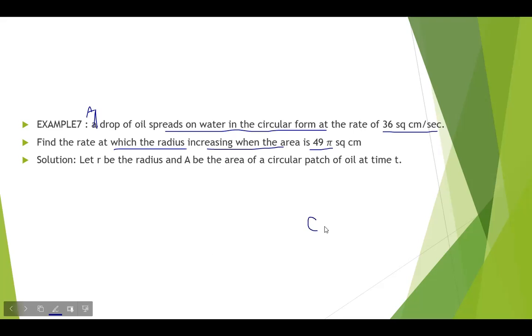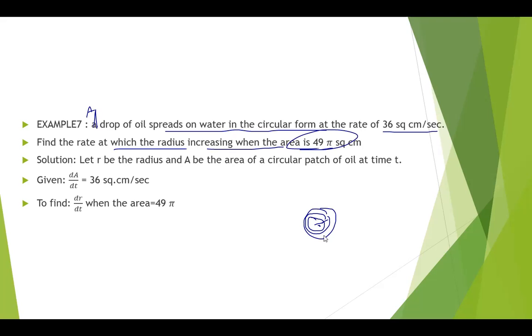The drop of oil, when I take the drop of it, is in the circular shape and it has some radius. Once it is spilt on the ground or on water, it is increasing its area. At what rate is its radius increasing when the area is 49 pi square centimeters, they told.